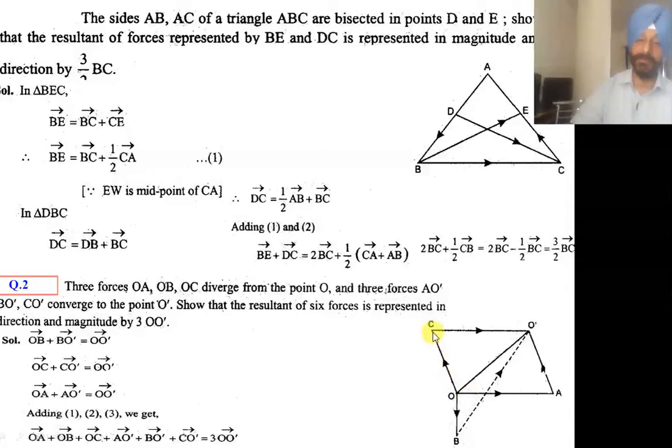Similarly, OC plus CO dash is equal to OO dash. Similarly, OA plus AO dash is equal to OO dash. So by adding all these three, OA plus OB plus OC plus AO dash plus BO dash plus CO dash, we got 3 OO dash. So this is the second question.